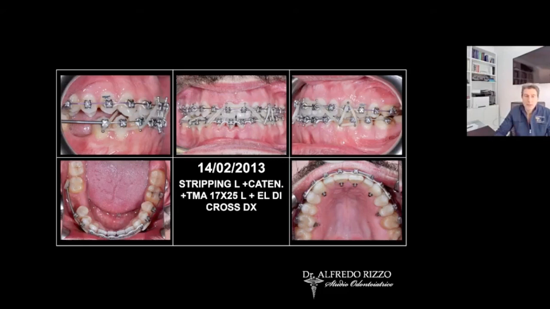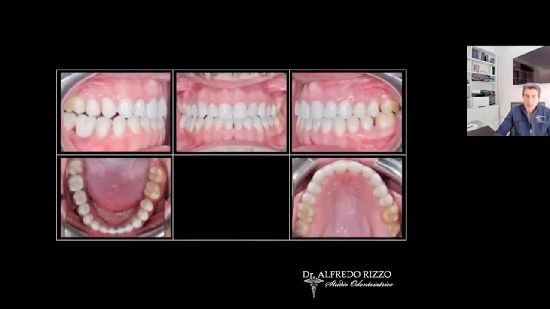Here we have done the stripping of the lower teeth in order to close the black triangles. We have also shifted to a TMA arch wire 17/25 in the lower. We have added triangular elastics and trapezium elastics in order to close the bite in the front area.